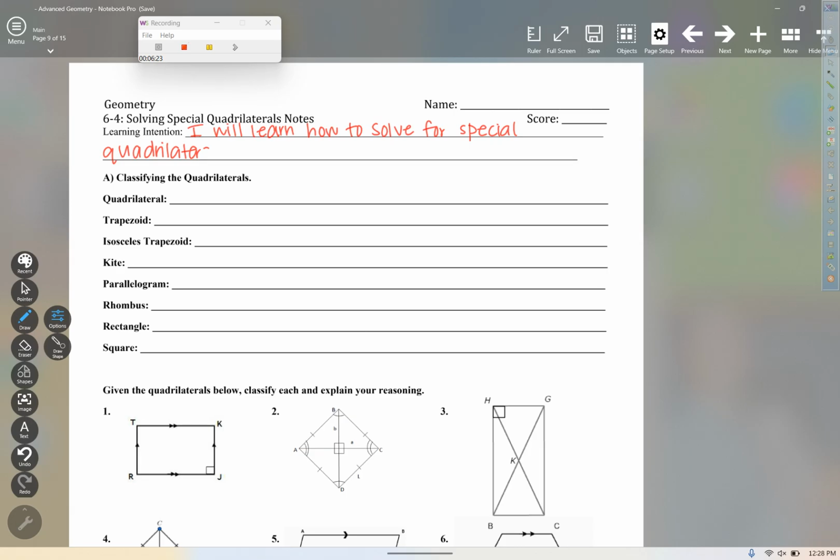Okay, classifying the quadrilaterals, we're just going to write down each definition so that we can practice it one more time. A quadrilateral is a 4-sided polygon.